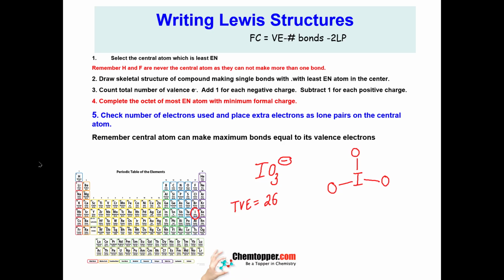But children, remember here, there is one minus. So it means one of the oxygens carries this minus charge. If I make oxygen like this, if I make oxygen like this, if I make oxygen like this, here I'm giving you a trick also, like this.